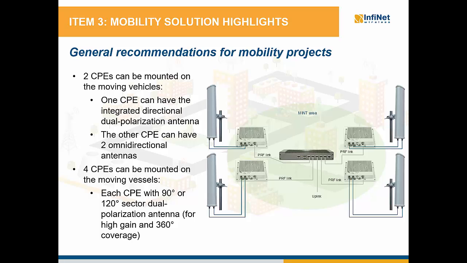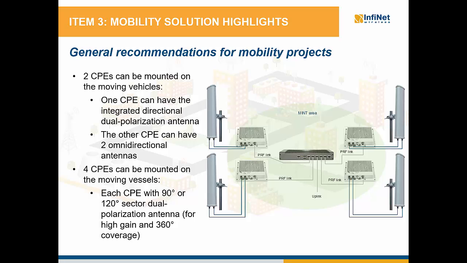So in this case, we can use this solution, again, with InfiMUX to control the four CPEs, which will work simply as radio bridges, and they don't have any decision to take regarding the transport of the data. They just make sure they receive the signal from the base station.